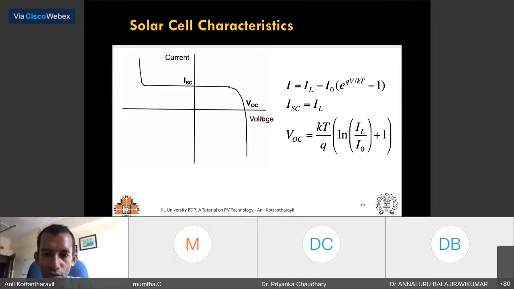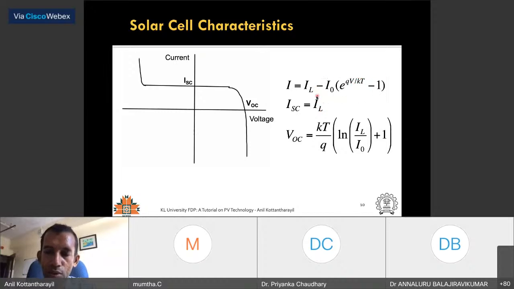V is the voltage across the solar cell, and IL is the current produced by the light falling on the solar cell. Now you can see the short circuit: if you take the two terminals of the solar cell, the front side and back side, and short circuit them, the voltage is 0, so this term would be 0. A current would flow.